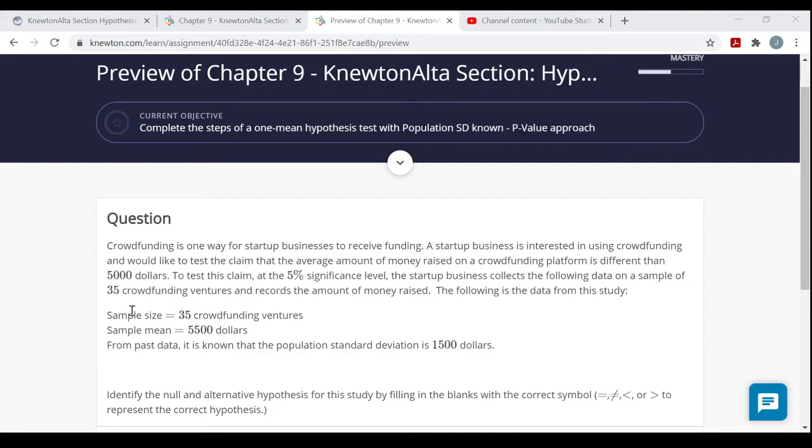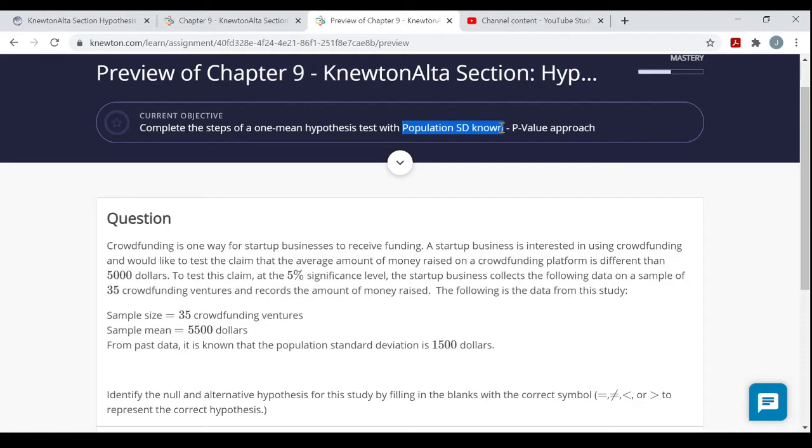So they pull a sample. The sample size is 35 crowdfunding ventures, and the average amount of money raised by these 35 crowdfunding ventures is $5,500. This is unusual, but this is one of the problems where we know the population standard deviation.